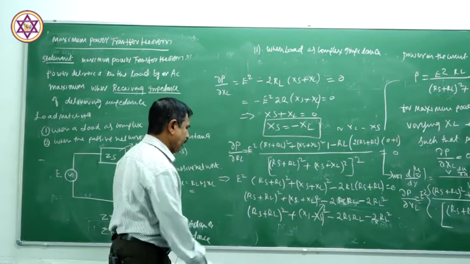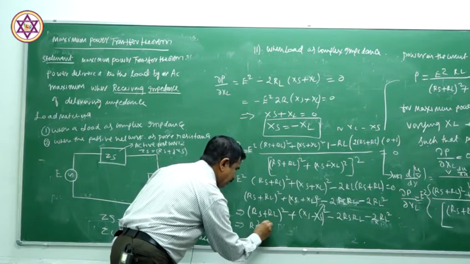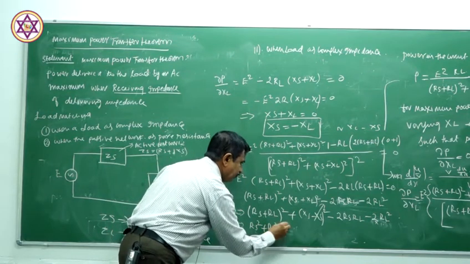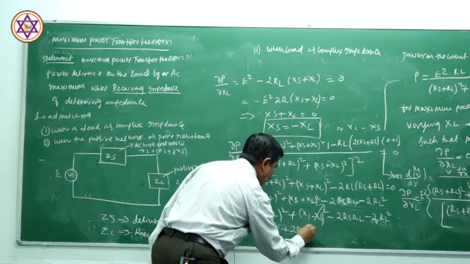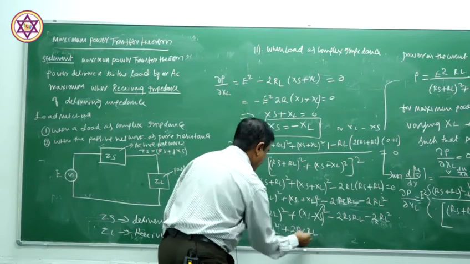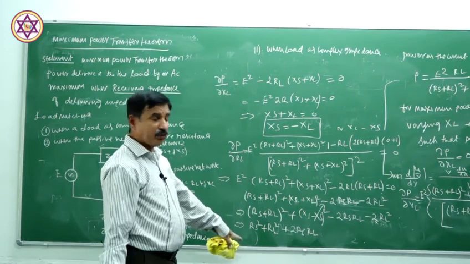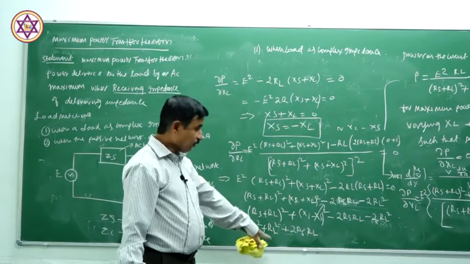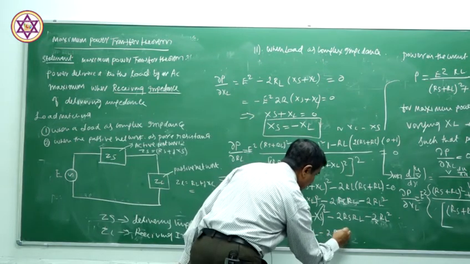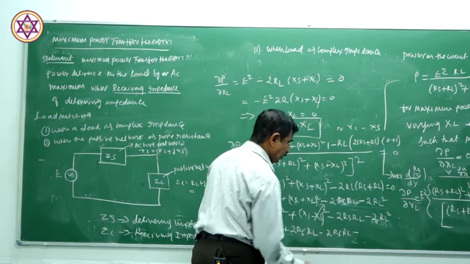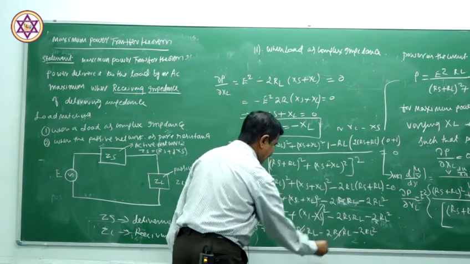Then you simplify this. This implies RS square plus RL square plus 2RS RL. Expanding this by the (a plus b) the whole square method, what am I going to get? RS square plus RL square plus 2RS RL minus 2RS RL minus 2RL square. So this cancels with this.